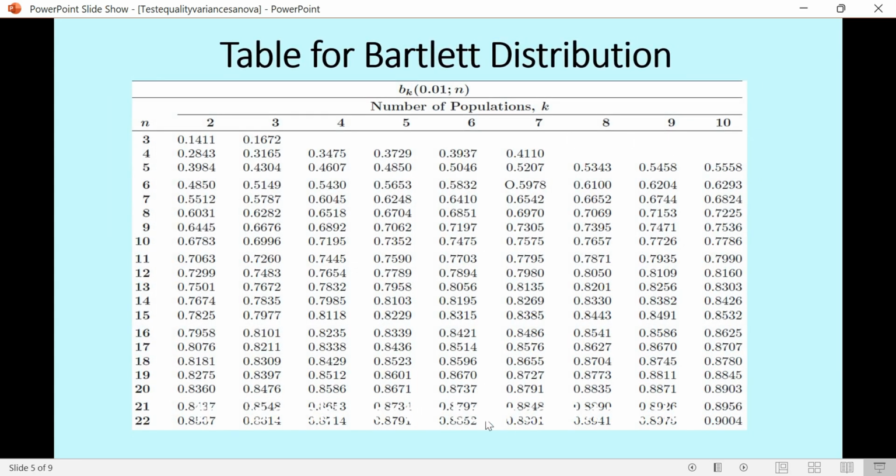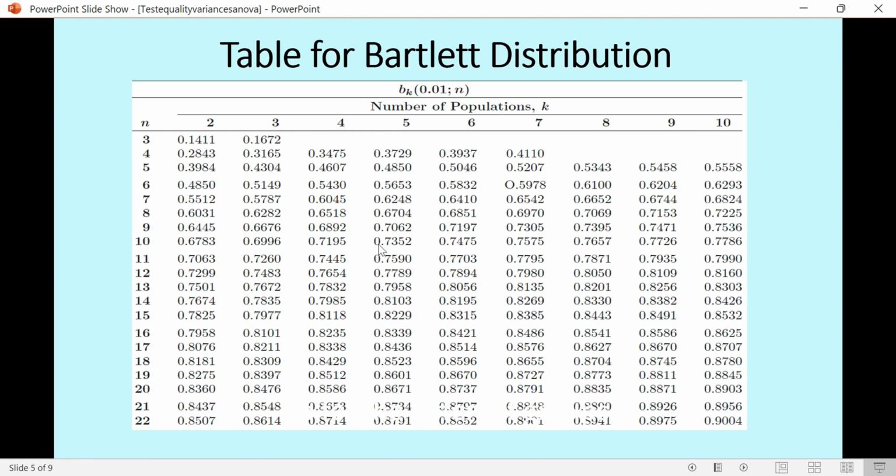Now this is a table for Bartlett's distribution. For example, there are 5 groups and n is 10. Bartlett's distribution has only one n. On the next page we will show how to combine different sample sizes from different Bartlett's distributions, since the distribution has only one parameter, sample size, and one critical level. In this table the critical level is 0.01 and the sample size is 10.